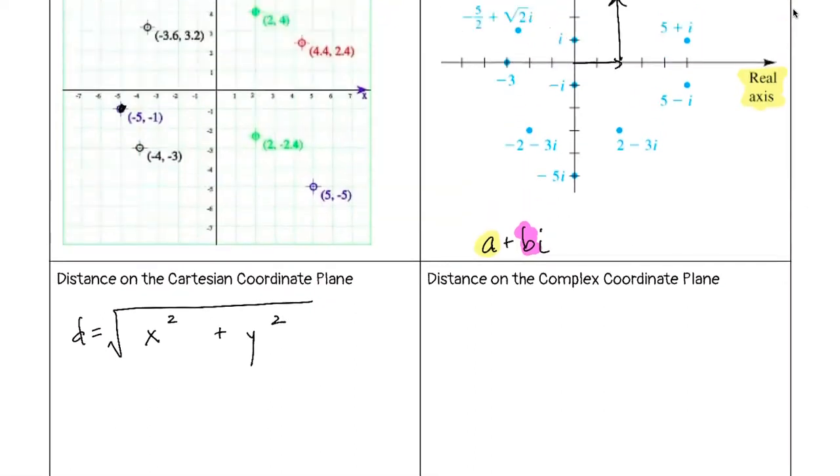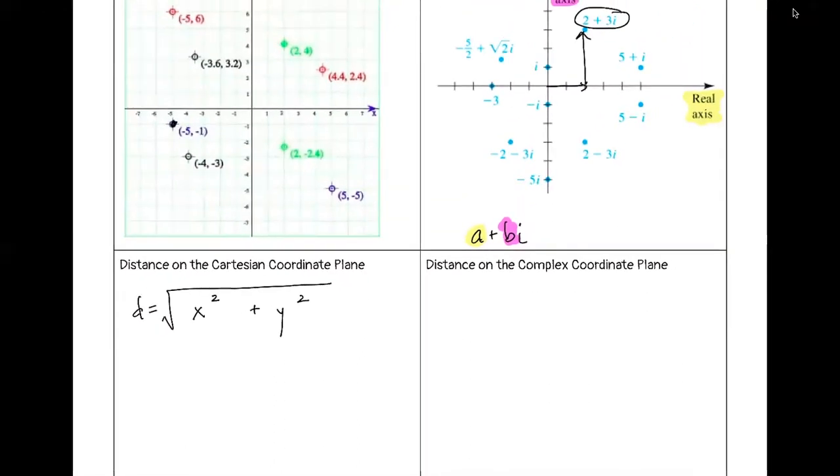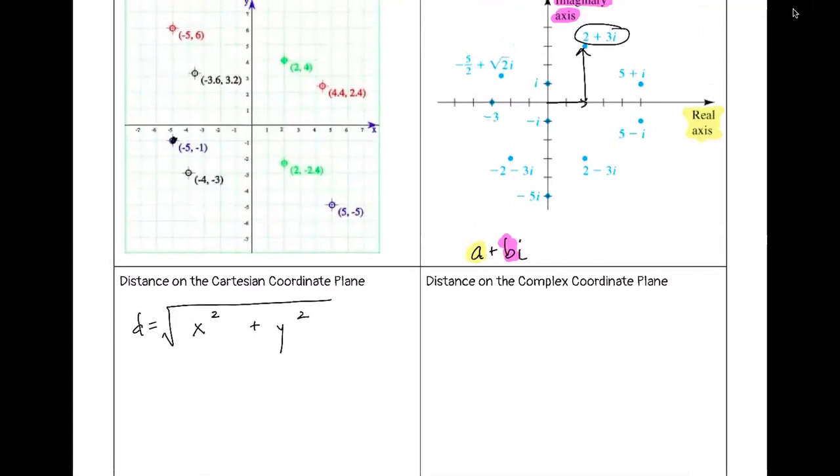And so, for example, let's choose this point up here. Let's say we're looking at -5, 6, okay? So if I want to know how far is that point from the origin, then we would plug in -5 for the x and 6 for the y.